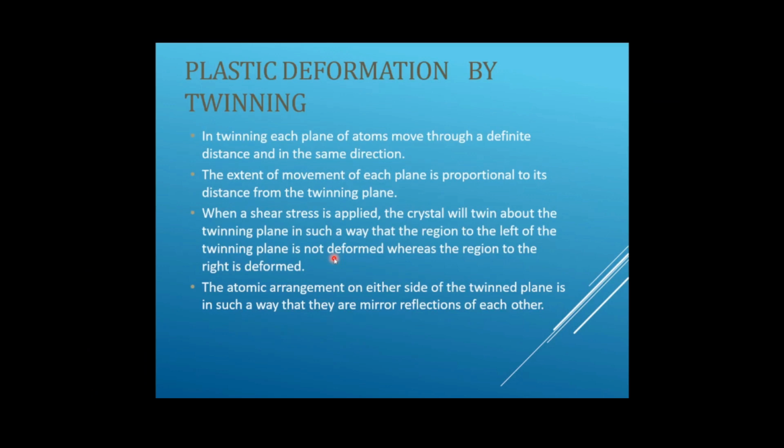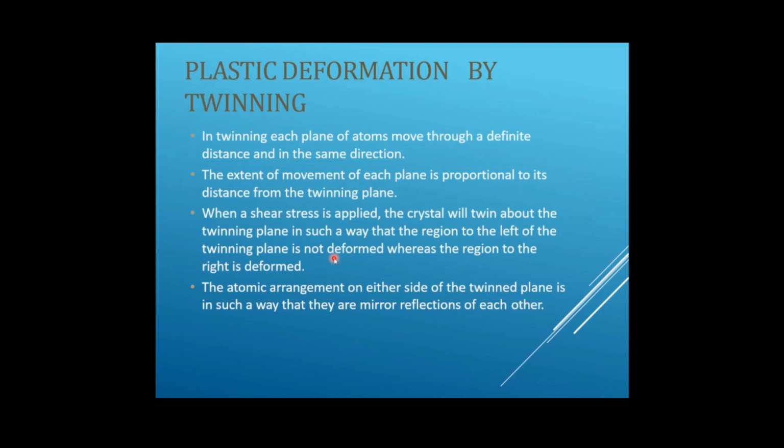Then the second one is twinning. Twinning occurs over a definite distance and in the same direction. When a shear stress is applied, the crystals will twin about the twinning plane in such a way that the region to the left of the twinning plane is not deformed, whereas the region to the right is deformed.